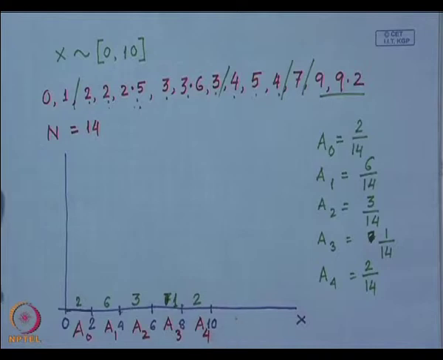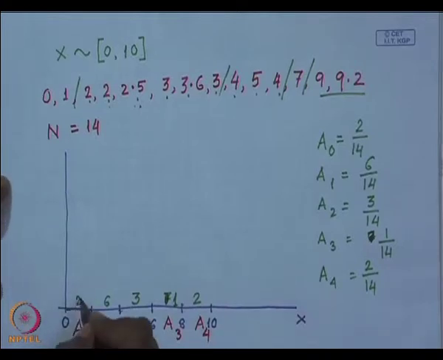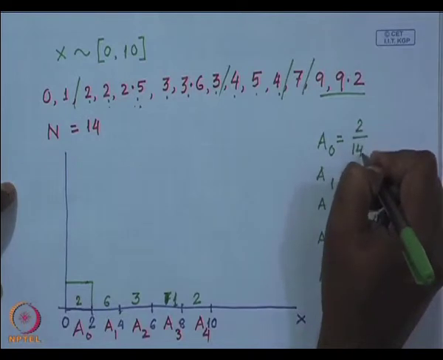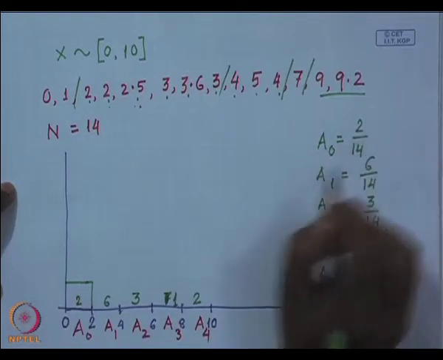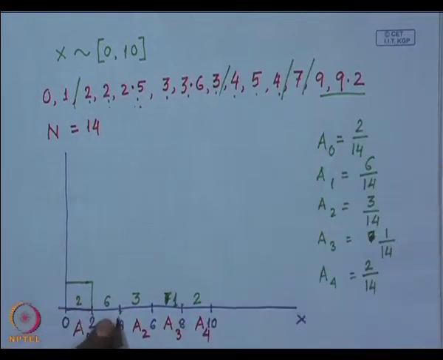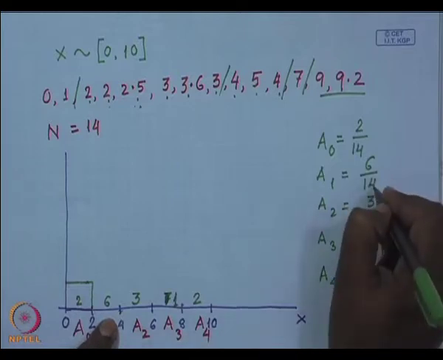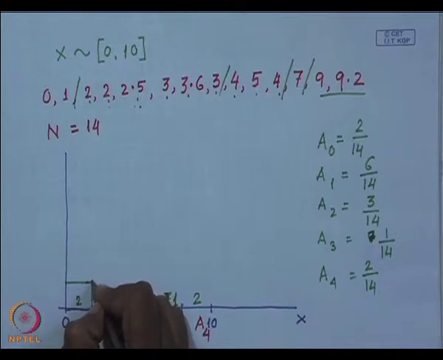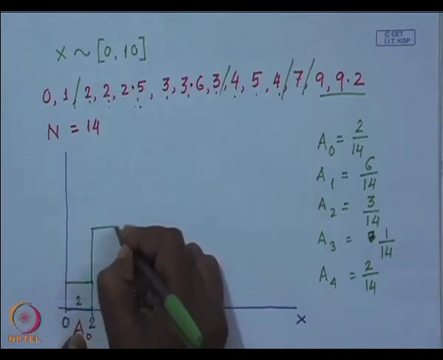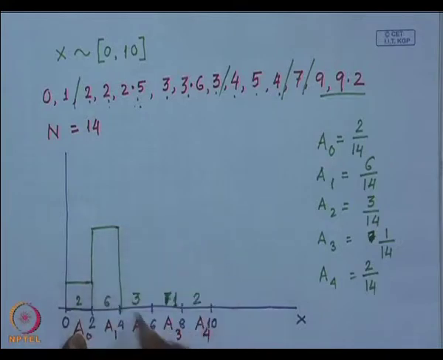So, if I compute this, A 0 gives my H 0, which is nothing but 2 by 14 into 2, that is 1 by 14. Similarly, this will be 6 by 14 into 2, the probability estimate of this. So, I will get a value of this form.